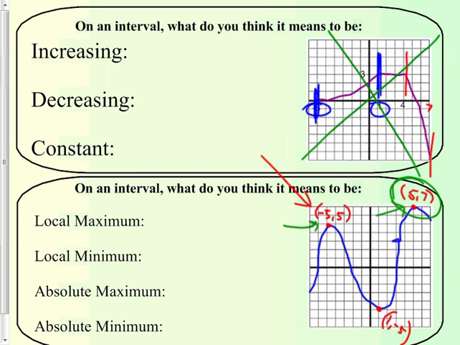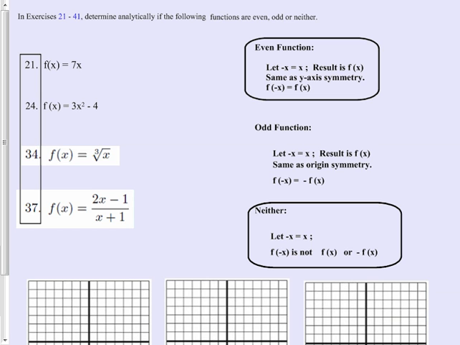Let me ask the question this way. Let's say with a kid in the room, and he was the strongest in this room, and he was the strongest of all people in the whole world. Would he be locally the strongest? Yes. And would he be the absolute strongest? Yes. You can be both. A point can be both a local minimum and an absolute minimum or maximum. Okay, we're done with that.